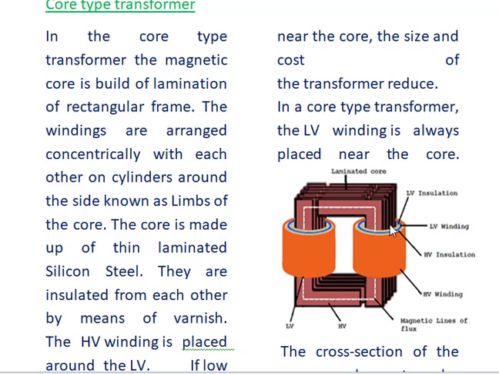The core is made up of thin laminated silicon steel strips. These are L-type laminated silicon steel strips. They are insulated from each other by means of an insulating material called varnish.